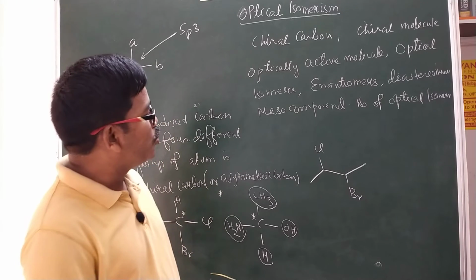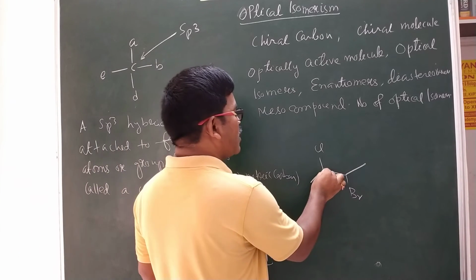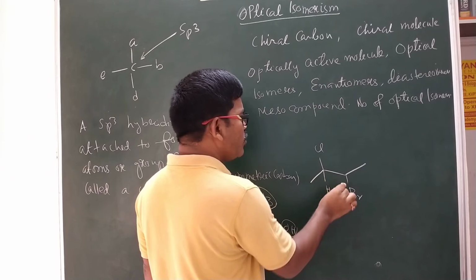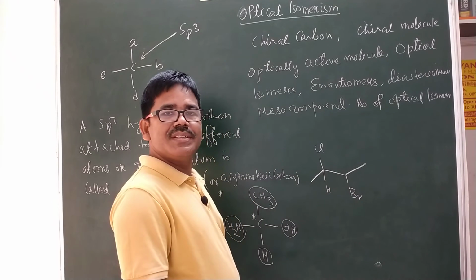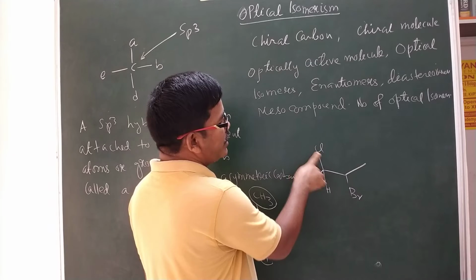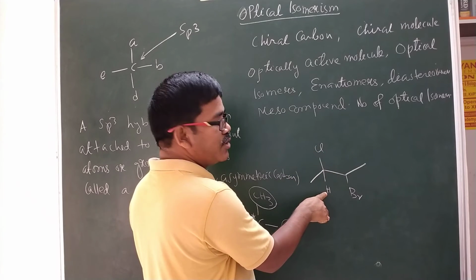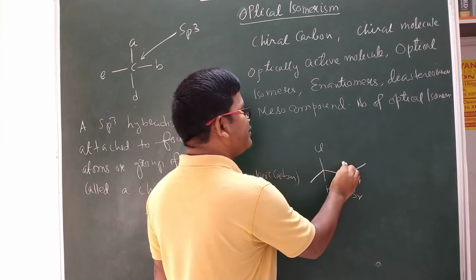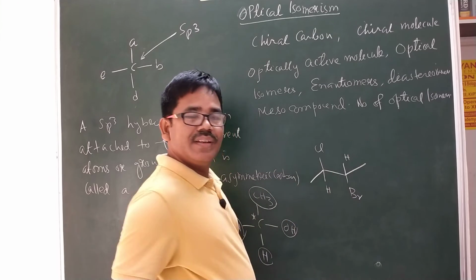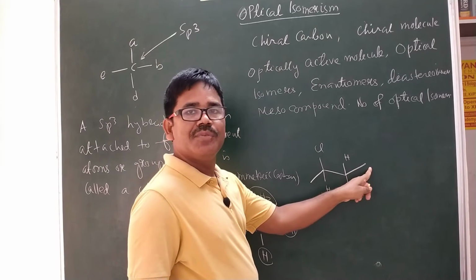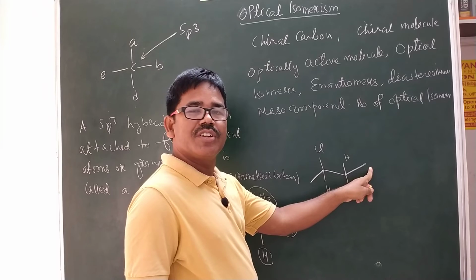Therefore, you need to put in the hydrogens. Why? We know carbon has tetracovalency. Therefore, this carbon is attached to one chlorine, another carbon, and this hydrogen. Similarly, here also there will be hydrogen. Here there is a CH3 group, here there is a CH3 group. That you know. This is called bond line notation.